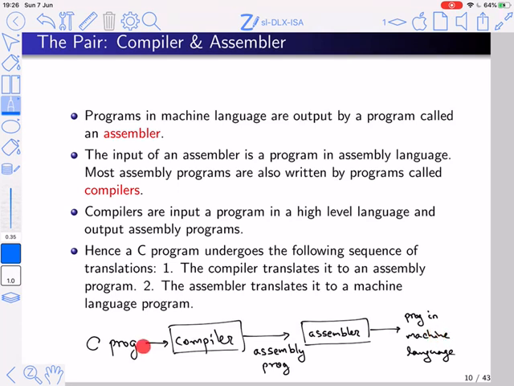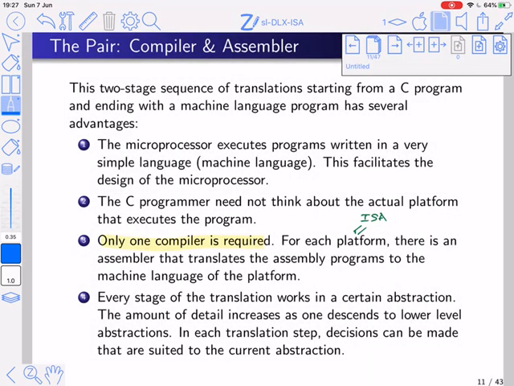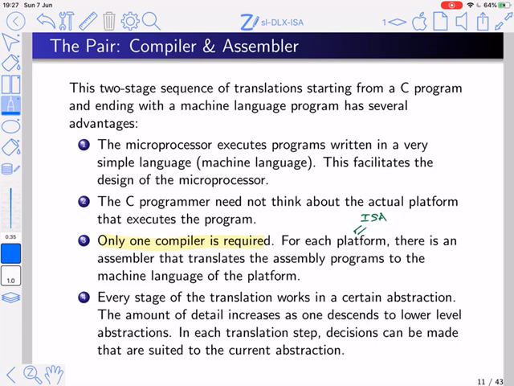So the compiler part does not need to depend on the type of computer on which you're going to execute your machine language program, because the dependency on the machine itself, on the actual ISA, is in the assembler. The compiler part is architecture independent.